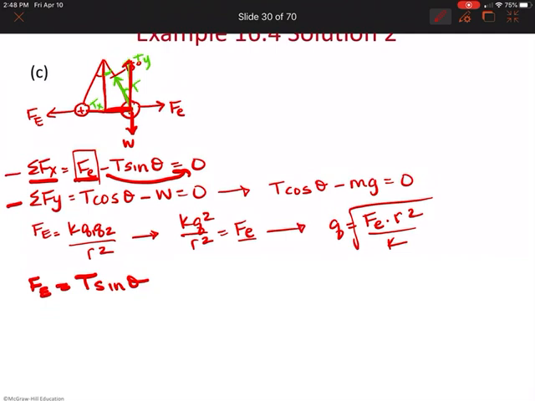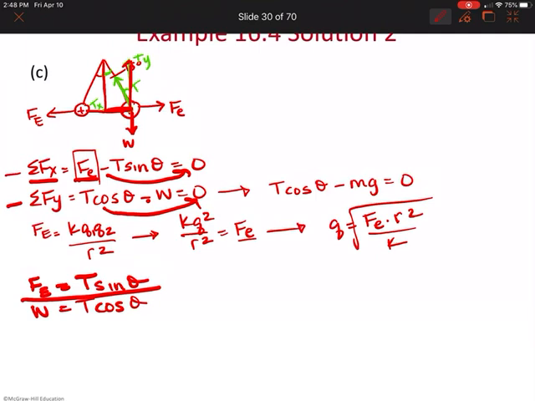Now, I want my tensions on the same side of the equation, so if you move this over, you would technically have to subtract it. So then you would have negative weight equal to negative tension. Let's just make the signs positive instead of negative, so we'd have weight is equal to tension cosine theta.